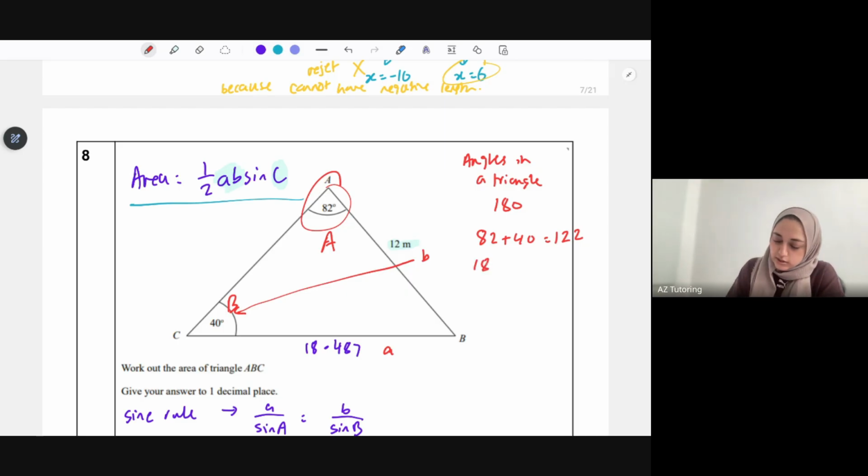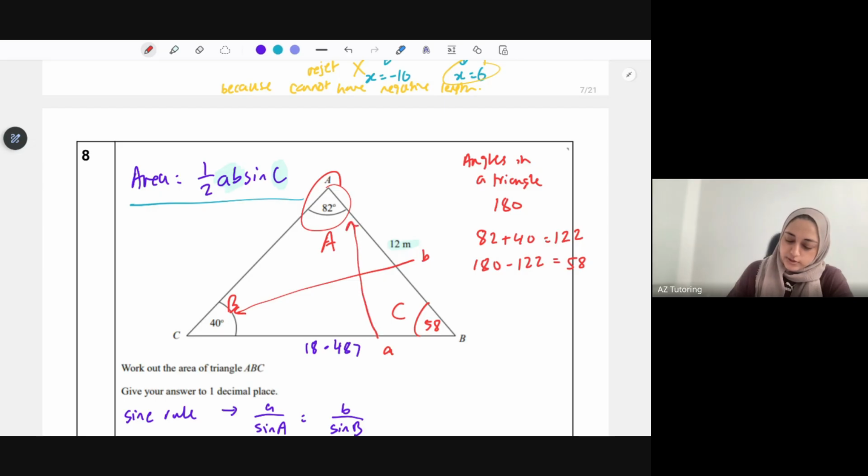So 180 minus 122 gives us 58. So I know this one here is 58. That's my angle C. So again, that's a really common mistake. They're tricking you. That's why they've put them angles there. We're not using them. So now I can plug everything in.